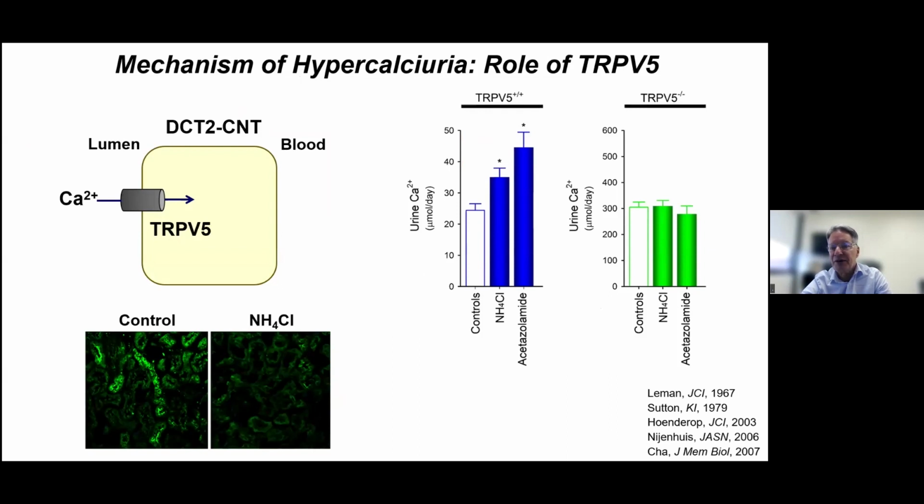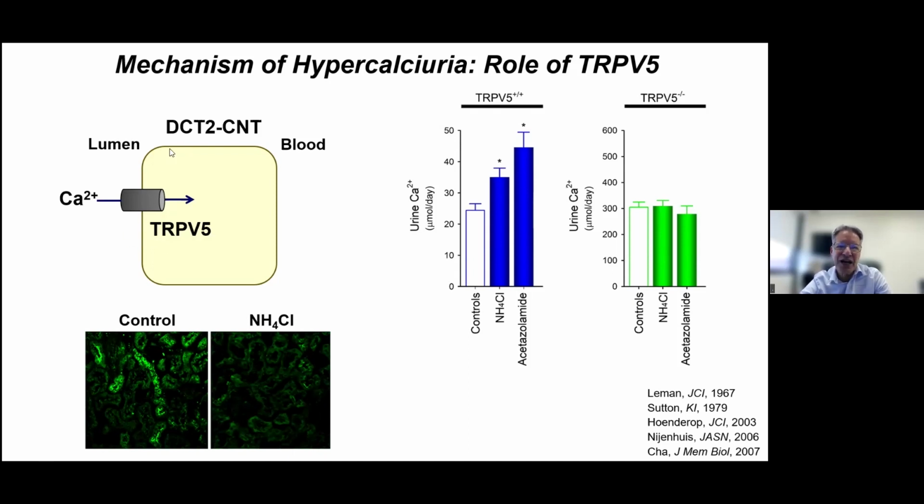As I told you, it's not bone, and it's now known to be due to this calcium channel called TRPV5 in the so-called apical, or the luminal, which means the urine side of the distal convoluted tubule. This is the tubule that also expresses the sodium chloride cotransporter. This is also the cell that you block with NCC and Gitelman syndrome.